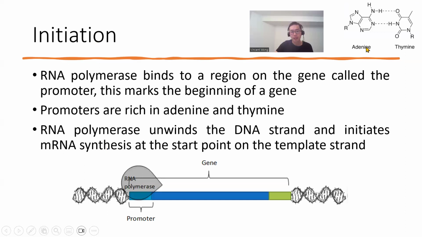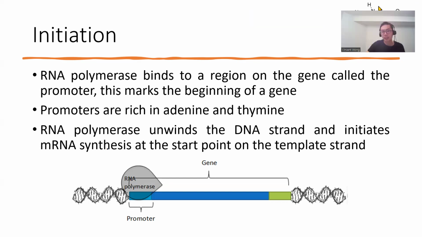Here in the top right corner, it's just to refresh your memory about the relationship between adenine and thymine. Adenine bonds with thymine with two hydrogen bonds, instead of three between C's and G's. So it's easier to pull apart the DNA when there are more A's and T's, and that's what's happening here.